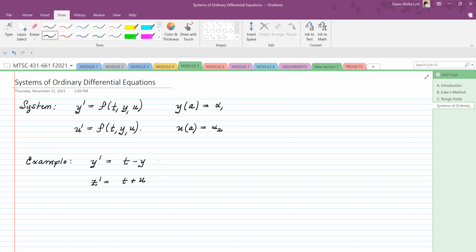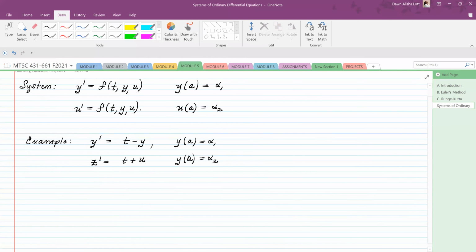Okay, so now again, I have to give you something like y of a is equal to alpha 1 and u of a is equal to alpha 2. And so now we can solve the system, but we have to evaluate everything at the same time.